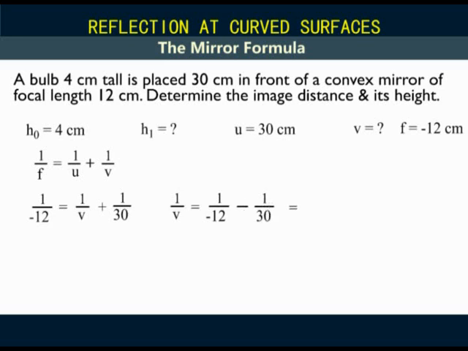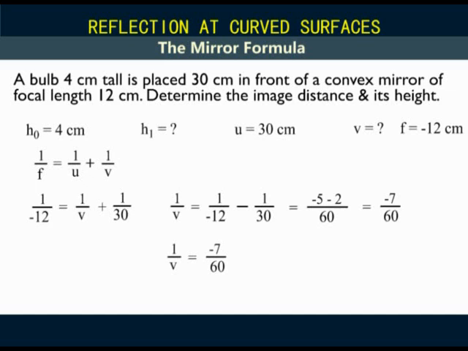The LCM of negative 12 and 30 is 60 or negative 60, but let's use positive 60. 60 divided by negative 12 is negative 5, times 1 is negative 5. 60 divided by 30 is 2, times negative 1 is negative 2, and that gives us negative 7 over 60.